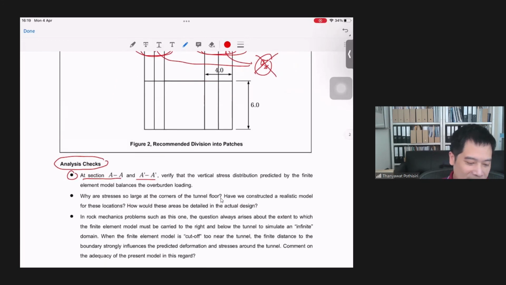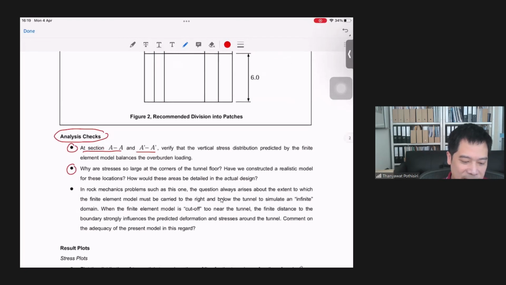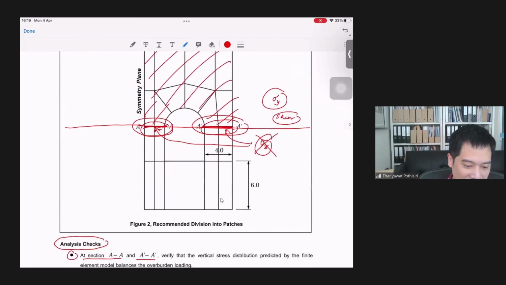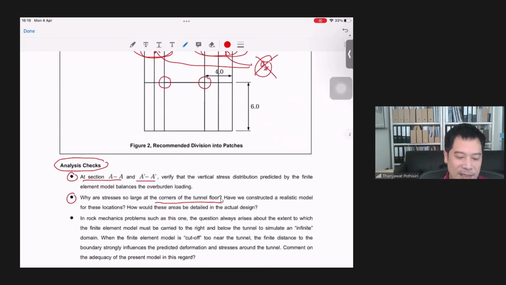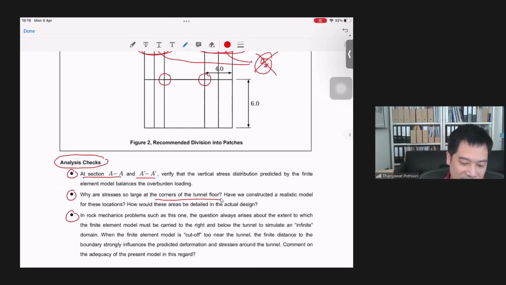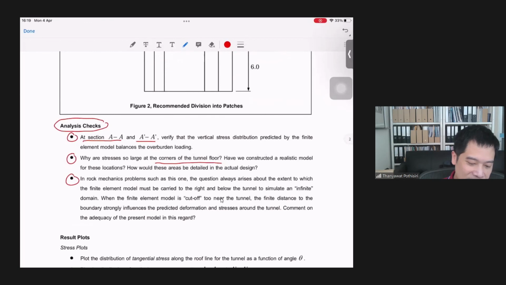Okay. And there are also certain points that I asked you to look at, right? For example, at the corners of the tunnel floor, it should be this corner and this corner right here. Okay. And this point concerns the cutoff.